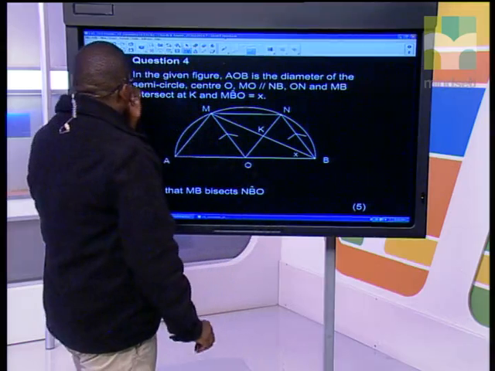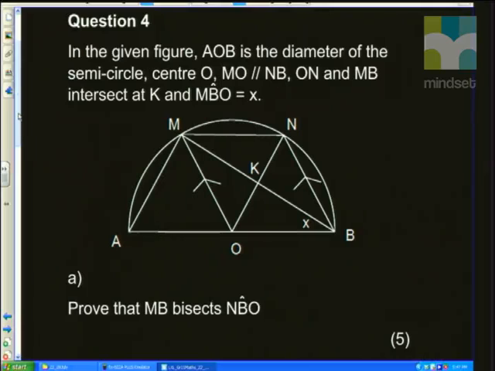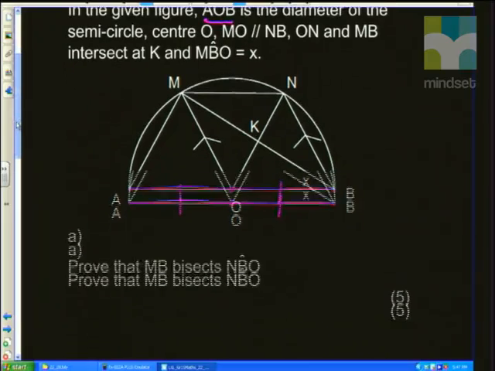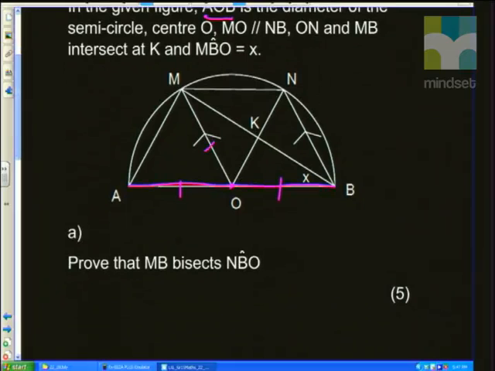Now, with question 4, in the given figure, AOB is the diameter of a semicircle. So AOB is a diameter, so there's a radius OB and there's a radius OA, and also a radius there and a radius there. Now, prove that MB bisects NBO.